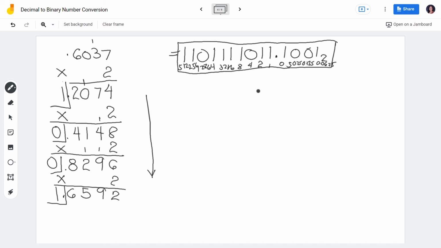So let's add 512 plus 256 plus 64 plus 32 plus 16 plus 8 plus 2 plus 1, and then we have 0.5 and 0.0625.